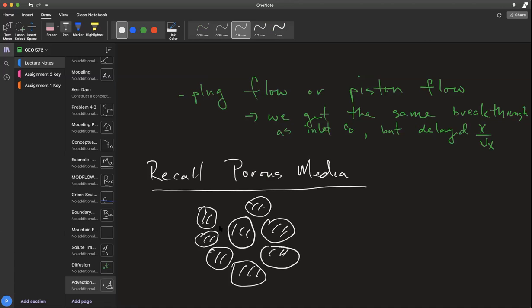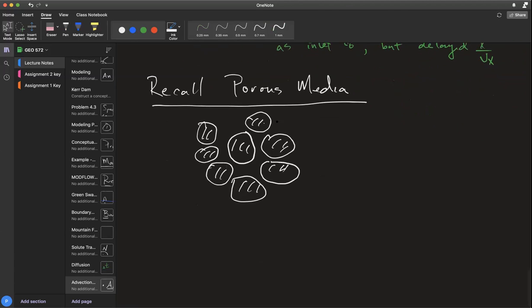Let's think about water moving through here. And let's start off by remembering that the water can't move through the grains, right? The water's got to move around the grains.